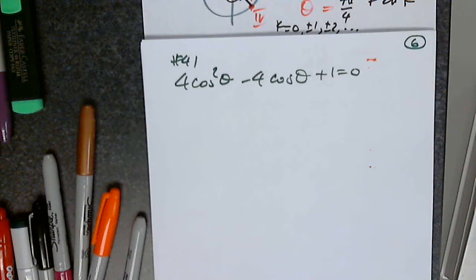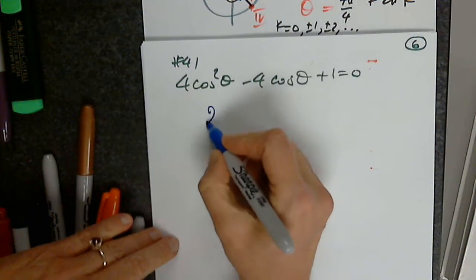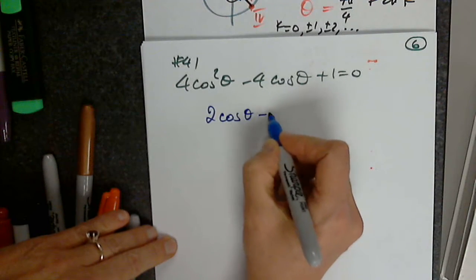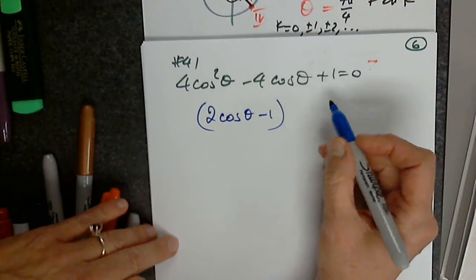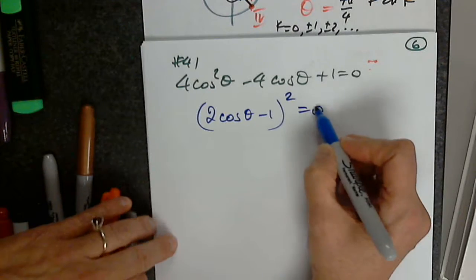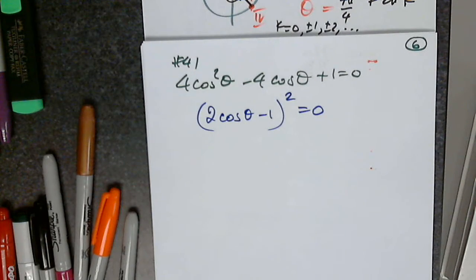Oh, it's 2 cosine theta minus 1 raised to the same power. Yes. So again, you're resisting those 4 formulas.